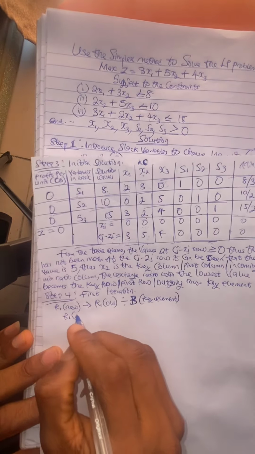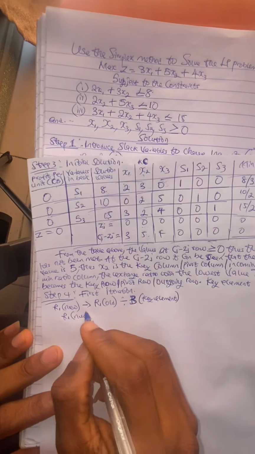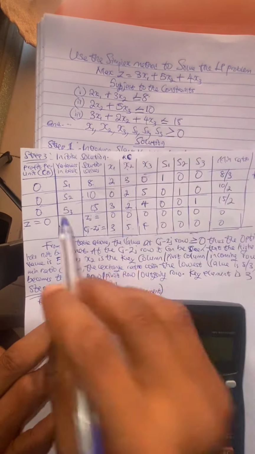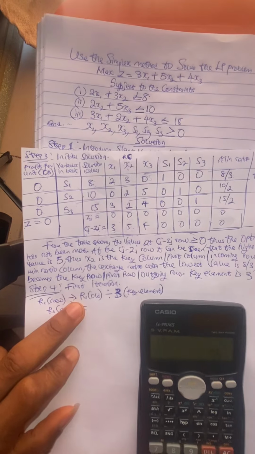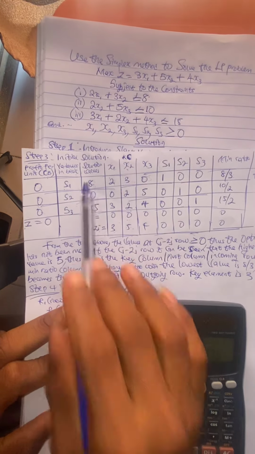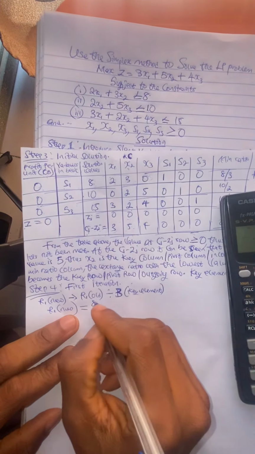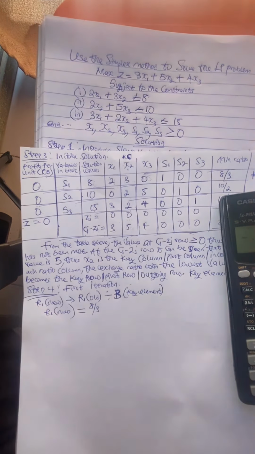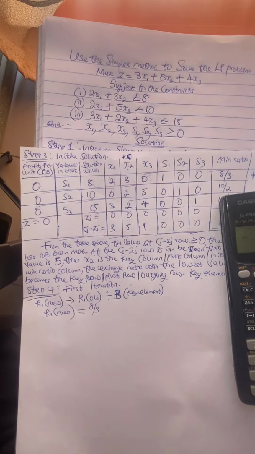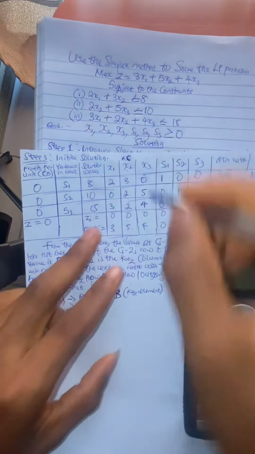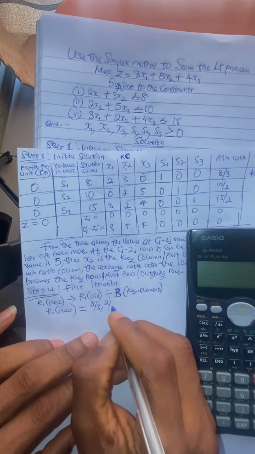Therefore, your row 1 new will be equal to your row 1 old, right? So 8 divided by 3 is 8 all over 3. For this, we are using fractions. There's no point where you have to use decimals here. So 8 all over 3. Then the next value is 2. 2 divided by 3 is 2 all over 3.